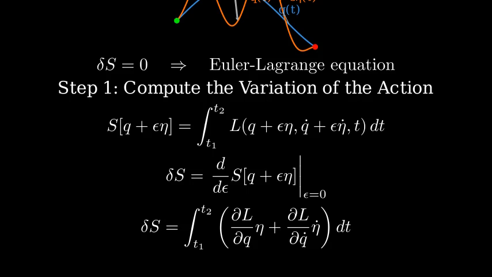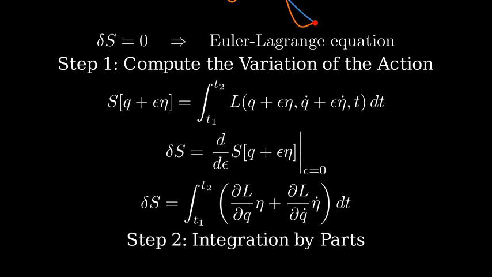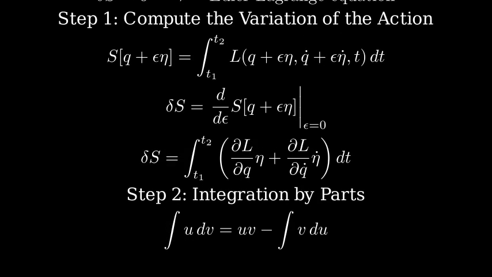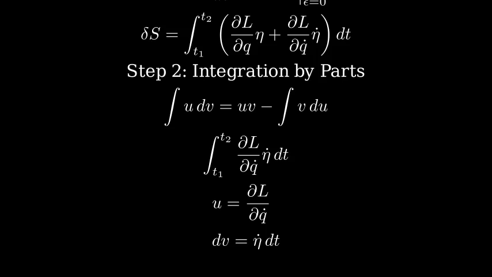Step 2. We need to perform integration by parts on the second term to get rid of eta dot. The second term in our integral involves eta dot, which is the derivative of eta. We want to rewrite this in terms of eta itself using integration by parts. The formula for integration by parts is the integral of u dv equals uv minus the integral of v du. In our case, u is the partial derivative of L with respect to q dot, and dv is eta dot dt.